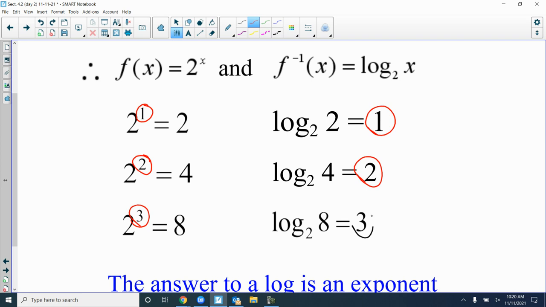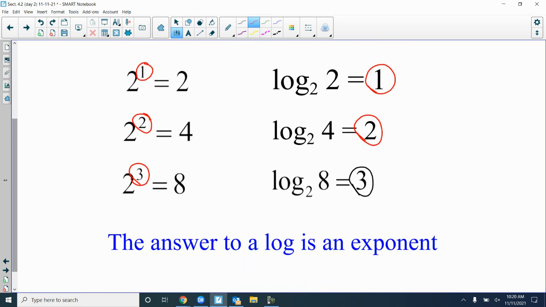Log base 2 of 8 equals 3. I'm circling your exponents here. That is always your answer for a log. So the answer to a log is always an exponent. So 2 cubed equals 8, and when we rewrite that, log base 2 of 8 is going to equal 3. It's always going to be the exponent on the base. 2 cubed is 8, 2 squared is 4, 2 to the first is 2.